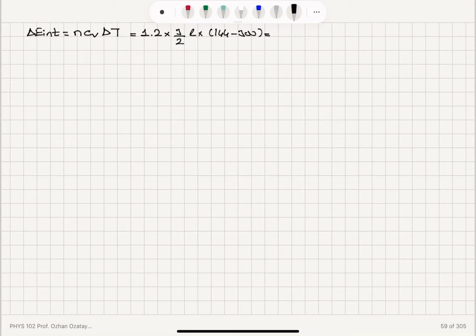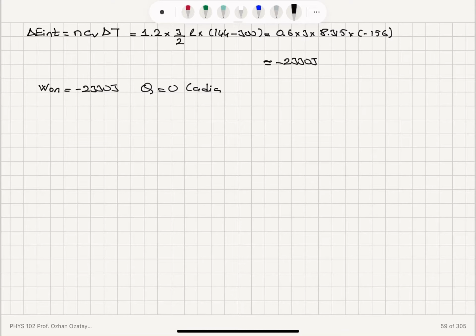This gives us 0.6 times 3 times the gas constant, 8.315, times delta T, which is minus 156, which is equal to minus 2330 joules. So work done on the gas must be equal to minus 2330 joules, because Q is equal to 0.